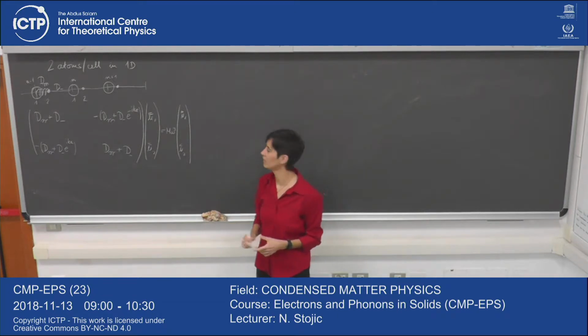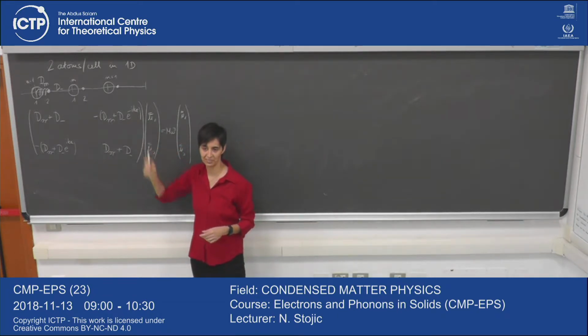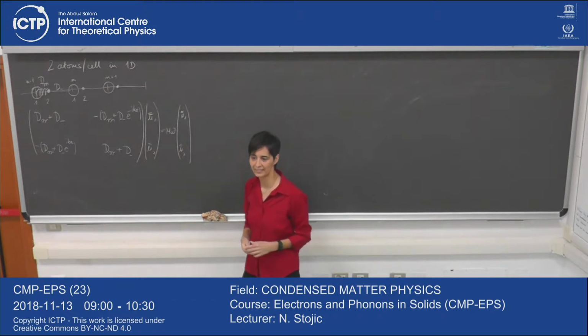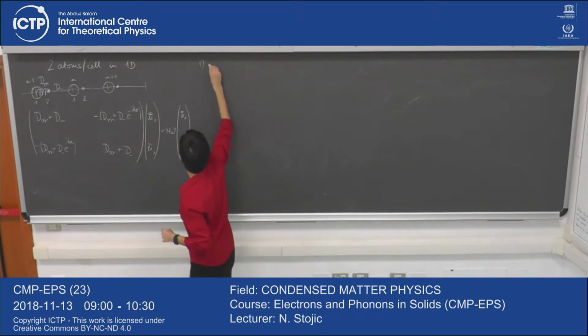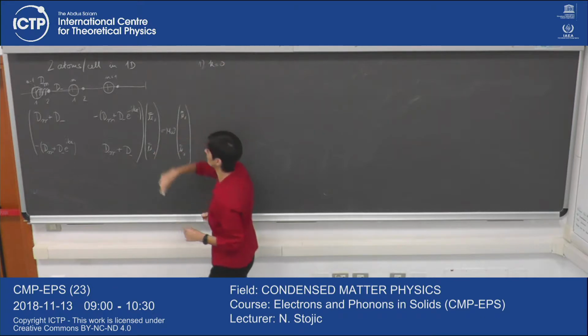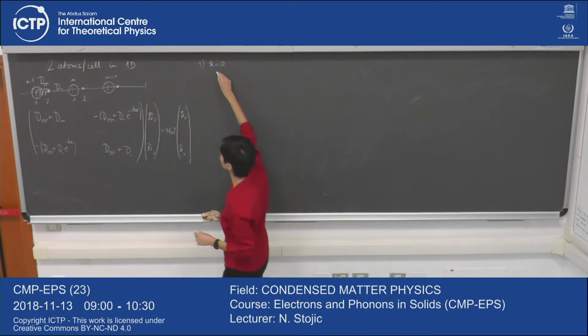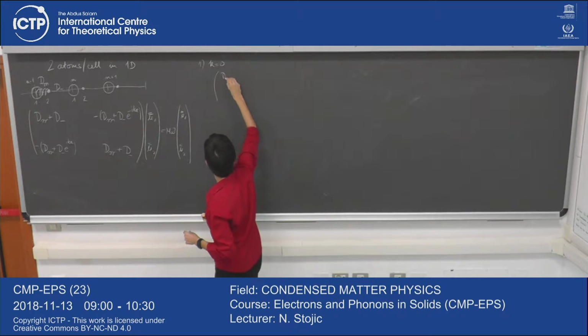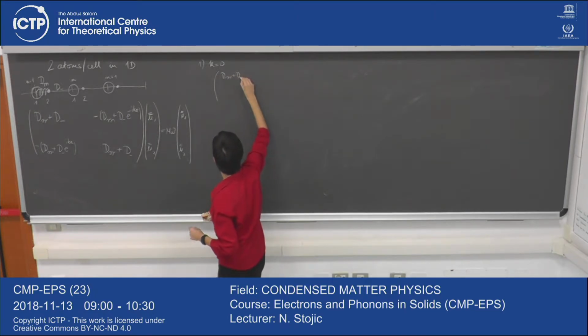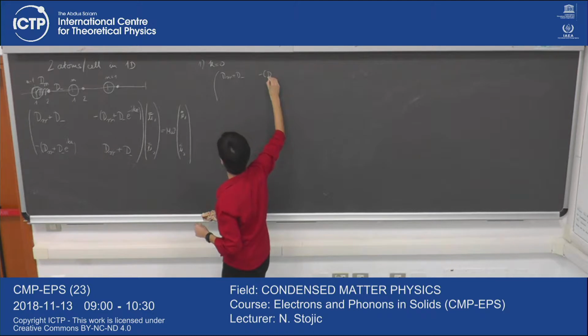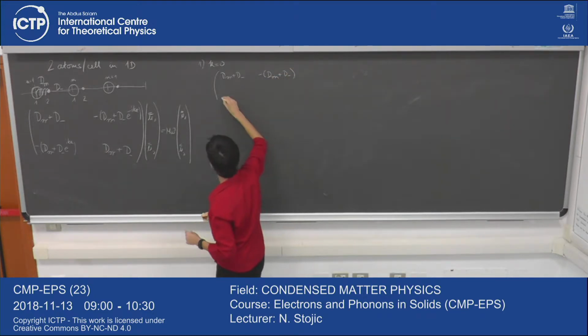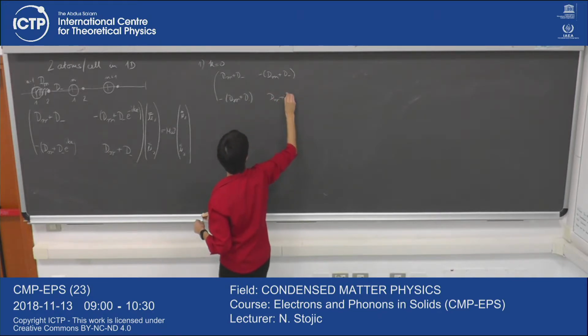Let's go case by case. I don't like much this factor here. It's complicating things. So let's go in the case k equals 0. So I have a much simpler matrix: the strong plus the weak, minus the strong plus the weak, and the strong plus the weak.